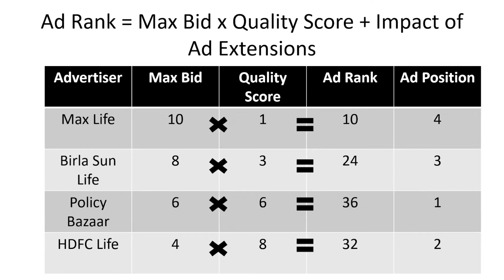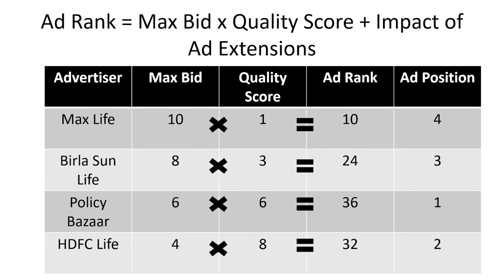So in this way, all the 3 parties involved benefit, right? So the user is searching for a term insurance online, and he finds a relevant ad, he clicks on the ad. Let's say the ad belongs to Policy Bazaar.